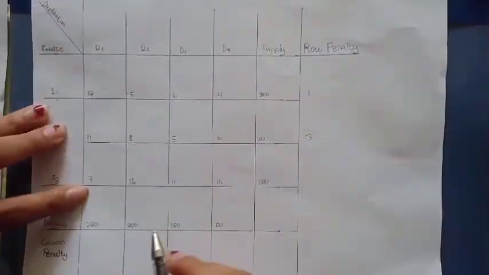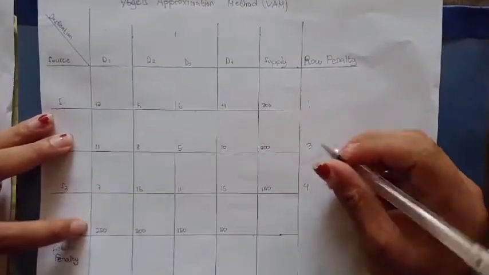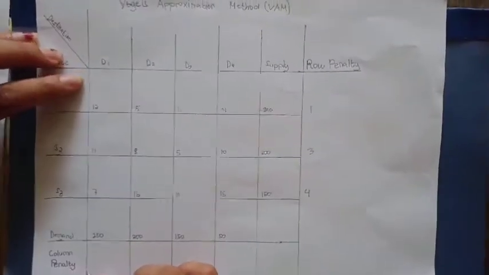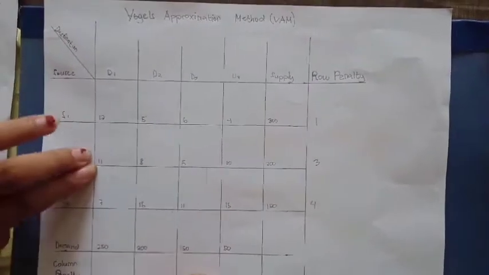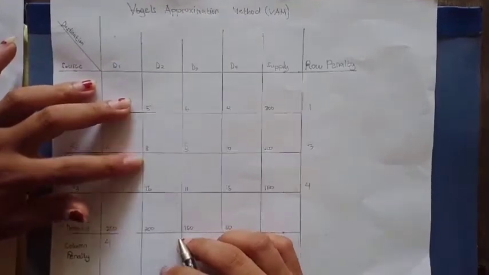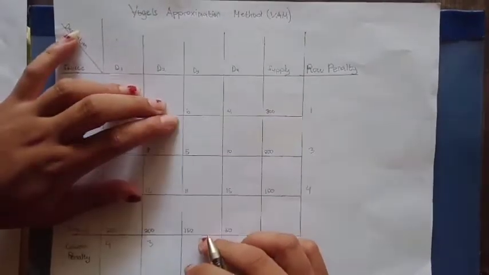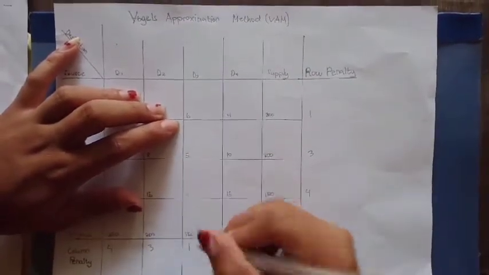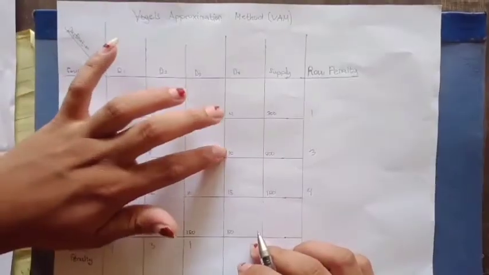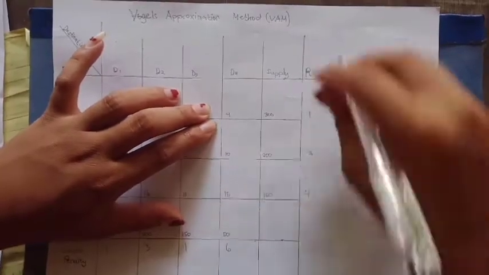Then here is 7 and 11, so 11 minus 7 is equal to 4. And then here is 11 and 7, so 11 minus 7 is equal to 4. Then 8 and 5, 8 minus 5 is equal to 3. Then 5 and 6, so 6 minus 5 is equal to 1. Then 10 and 4, so 10 minus 4 is equal to 6.